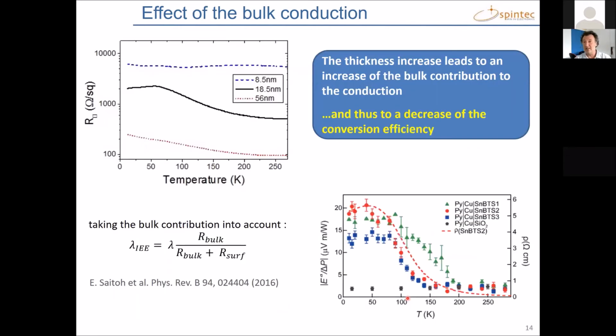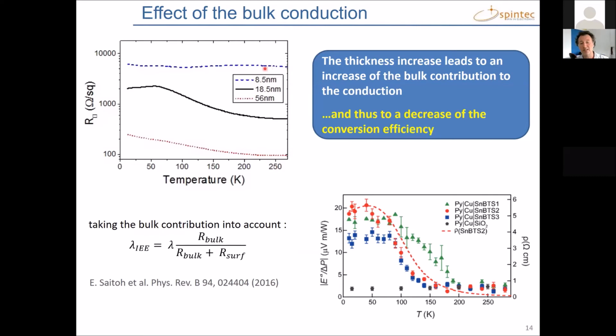On the other hand, if we increase too much the thickness of the topological insulator, they are not perfect materials, there are some defects. And as you can see, for example, for the resistance as a function of the temperature for different thicknesses of the mercury telluride, you see that you go from a metal to insulator transition to a situation where the square resistance does not evolve anymore with the temperature, because you are mainly driven by the surface states.